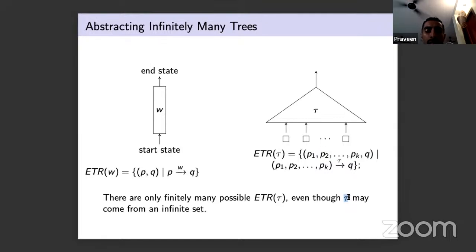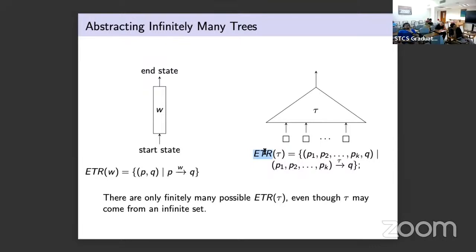Right, so this is how we take this infinite set of contexts and abstract it with a finite set. Right. So at this stage, I hope you vaguely see how we overcome this problem of infinitely many contexts. A little later, I will tell you exactly how this fits into the actual decision procedure. But at least is this idea of extended transition relation clear? Yeah. Right. Okay.